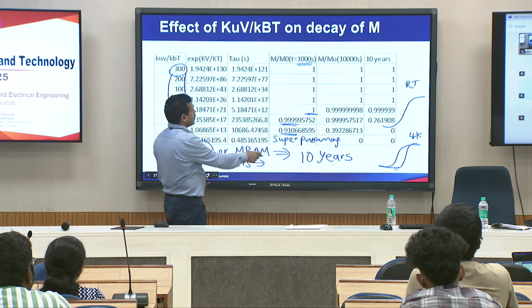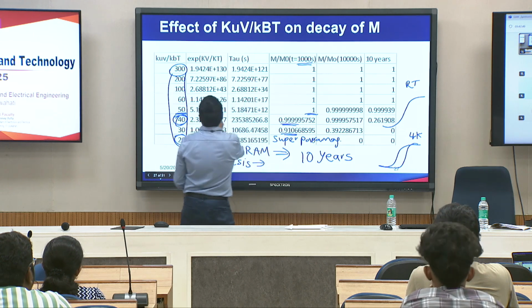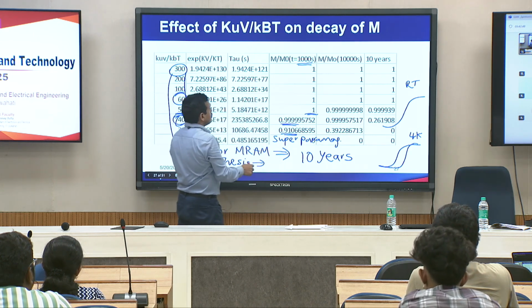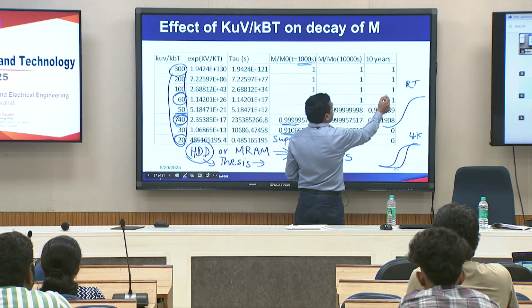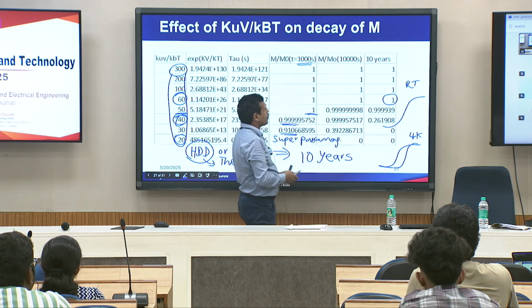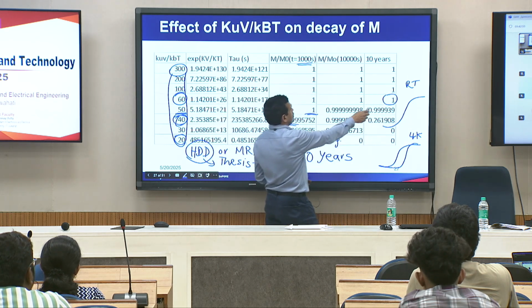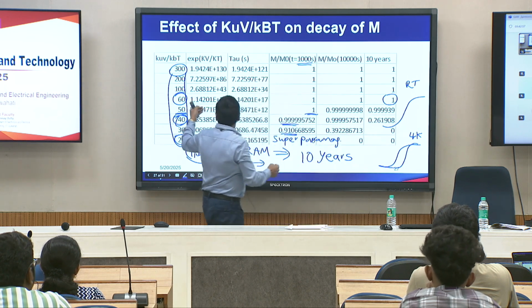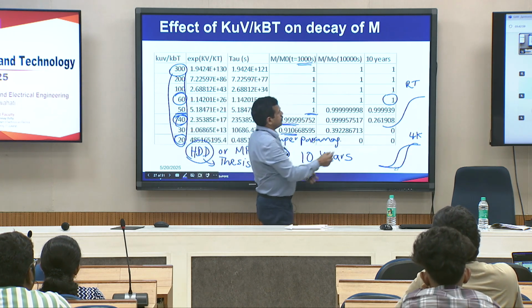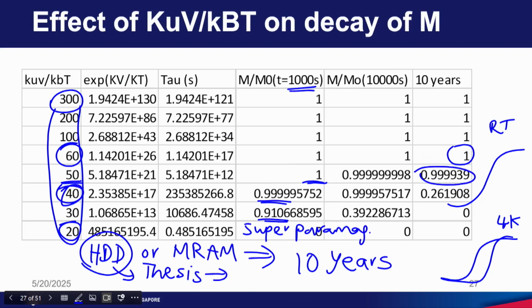If you look at this picture, when the KUV by KBT is around 60, even after 10 years there is no change in the magnetization. Below 60, you will notice that after 10 years there is a drop in the magnetization, which is not desirable. Okay. So, usually hard disk drive makers ensure that your KUV by KBT is at least 60, so that your data is stable for 10 years.